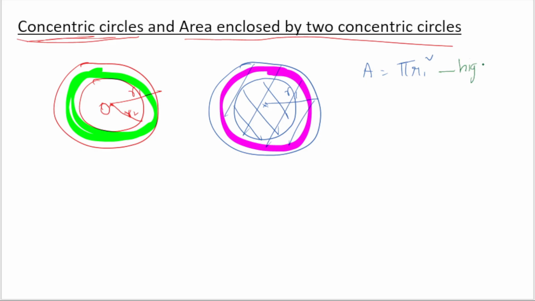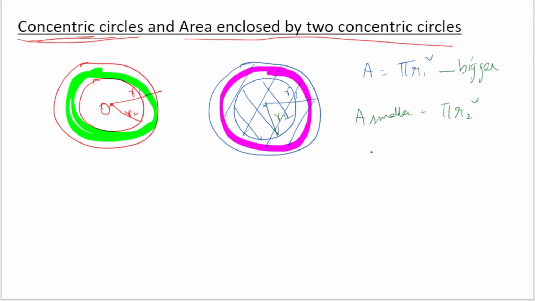This is the area of the bigger circle. And what is the area of the smaller circle? Area of the smaller circle is pi into r2 square, where r2 is the radius of the smaller circle.